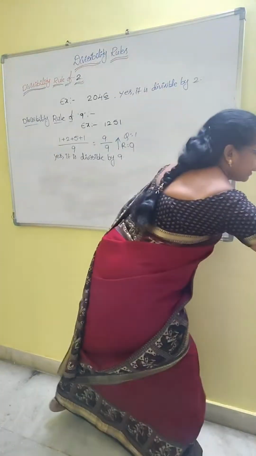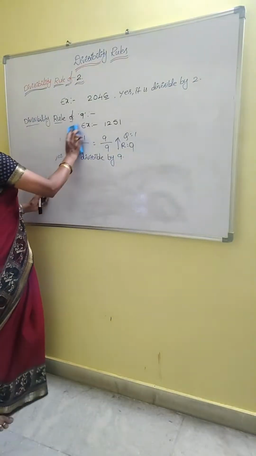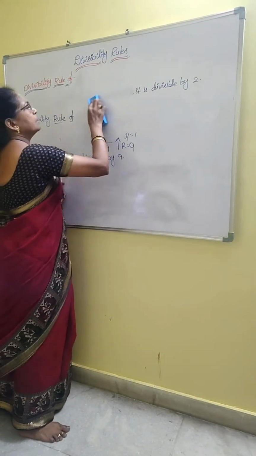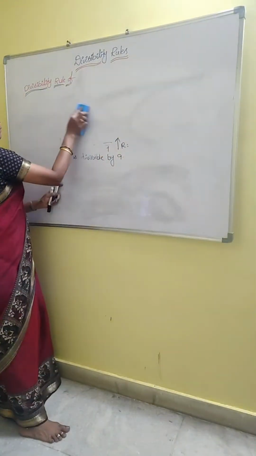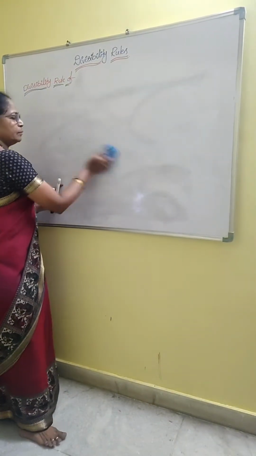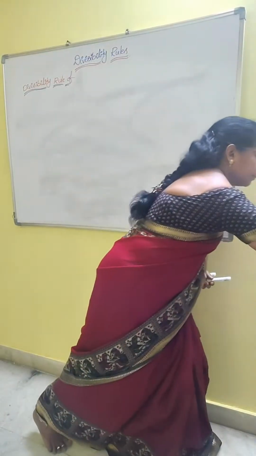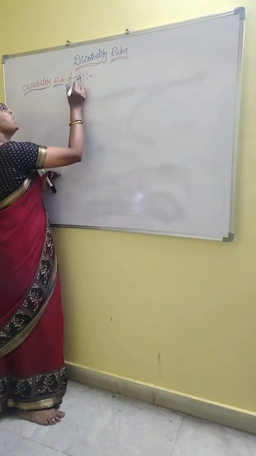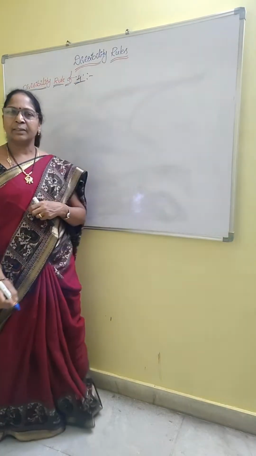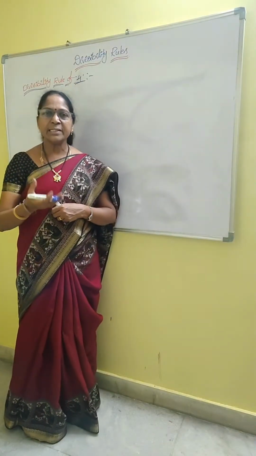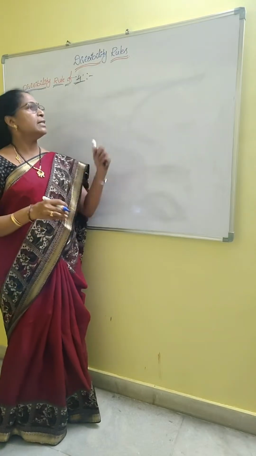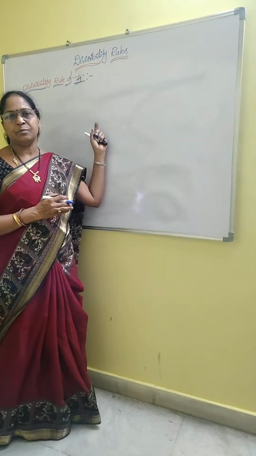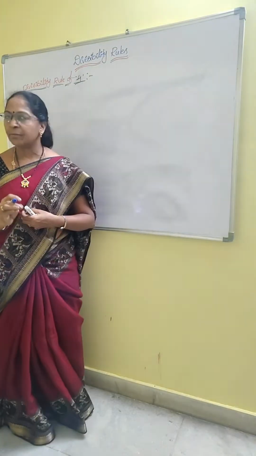Next, the divisibility rule of 4. What is it? If the last two digits of the number are divisible by 4, then the given number is divisible by 4. That is the divisibility rule of 4.